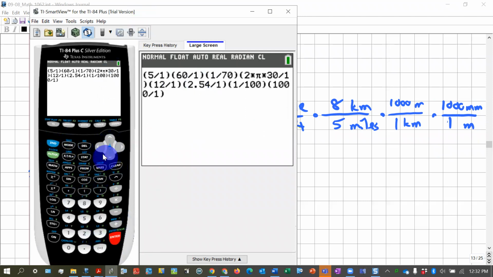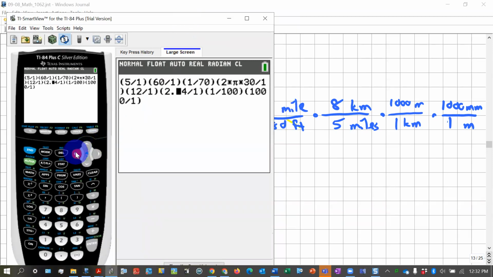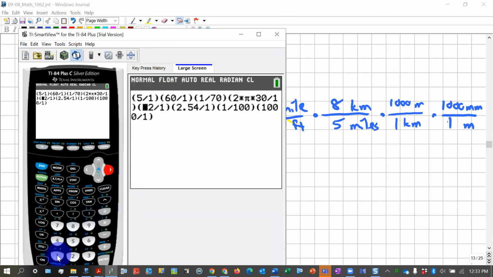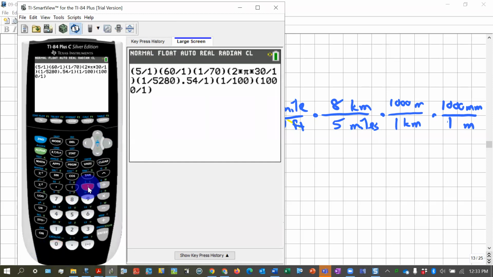So my first several fractions were the same. Right here, instead of 12 inches is 1 foot, I have 1 mile is 5,280 feet.